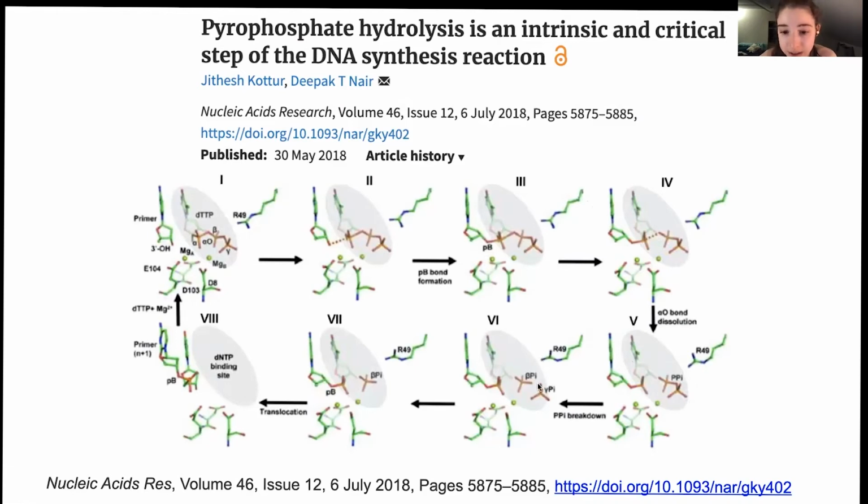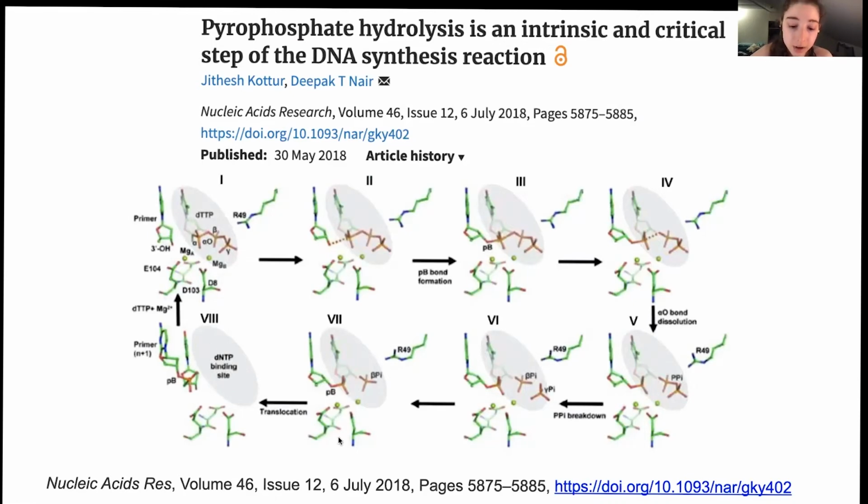And now you can see that you actually have this breakdown of the pyrophosphate into the orthophosphate. And so this is going to be helping provide the energy to drive the reaction and ensure its irreversibility. And I also think that the energy from the release is helping with the translocation, so shifting the DNA in the pocket of the polymerase so that a new DNA letter can come in.